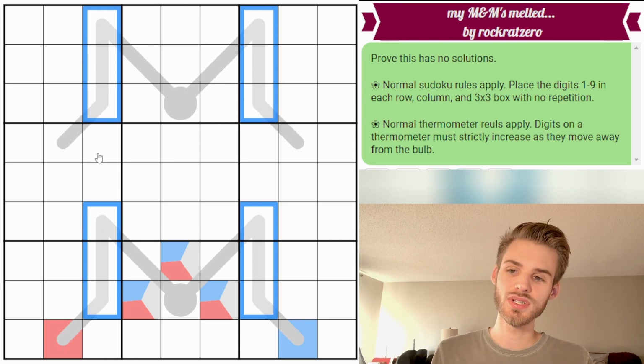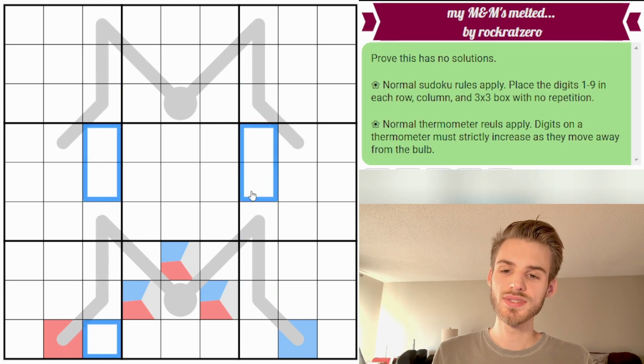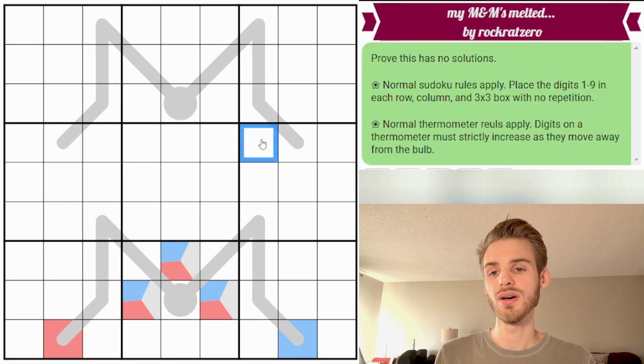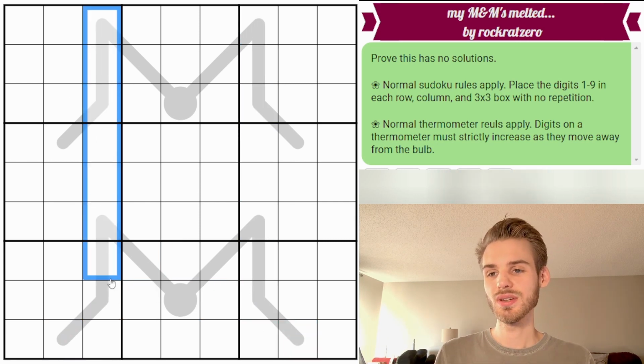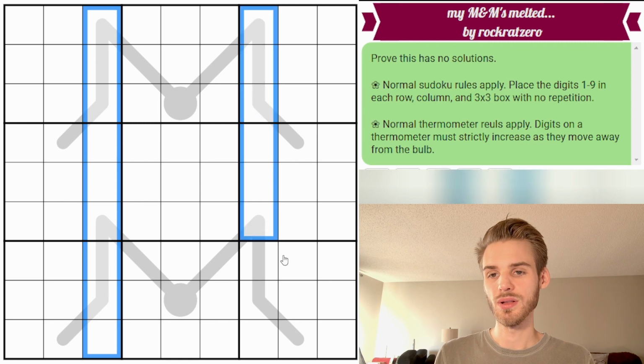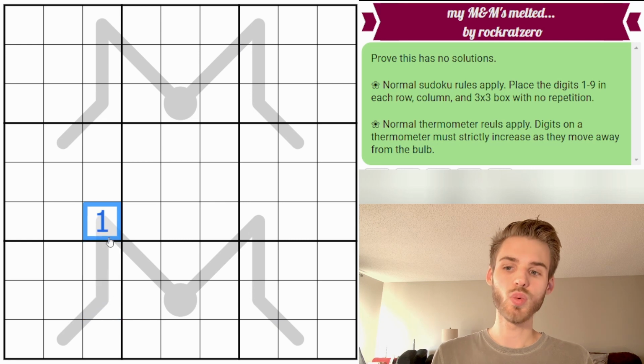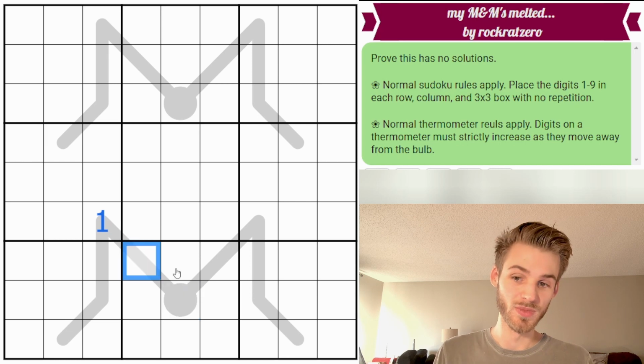Because I can't put ones or nines in any of these cells. And in fact, twos can't either. Oh, that's interesting. Okay, so let's look at column 3 and column 7. On the thermos themselves, I can't put a 1 anywhere, because then I would have to have 0 or lower.